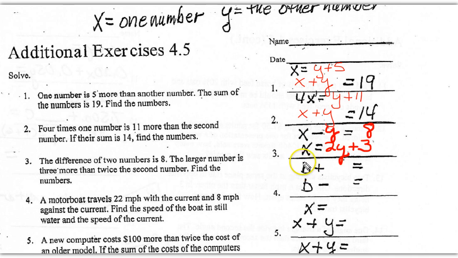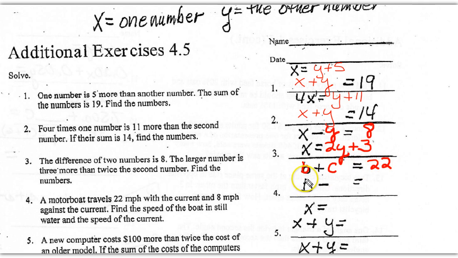So the boat itself has a speed that we don't know. We can call that the speed of the boat in still water. And then we have it going with the current, so we can use a C there. So the speed of the boat plus the speed of the current gets the boat to travel at 22 miles per hour.